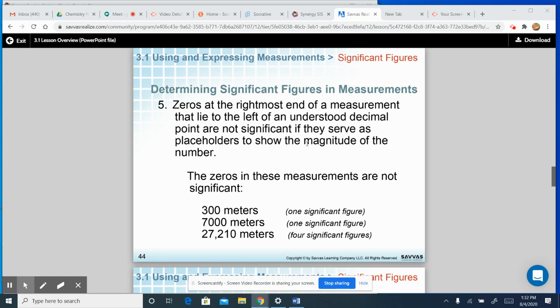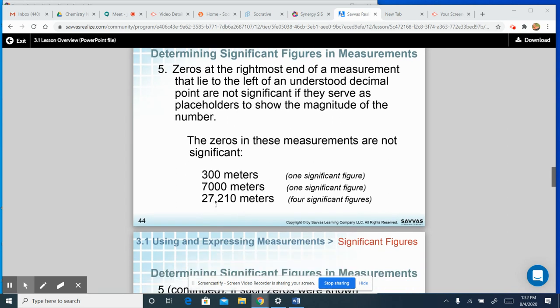Zeros at the rightmost end of a measurement that lie to the left of an understood decimal are not significant. So in this case, 300, it's understood that the decimal is right here. We could move that 2 places to the left and write it as 3 times 10 to the second power, so it only has 1 significant figure.